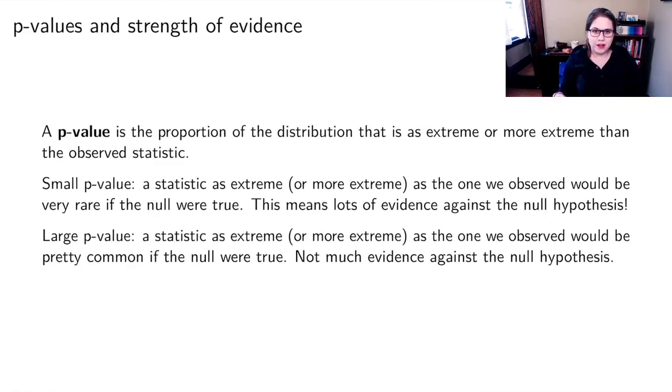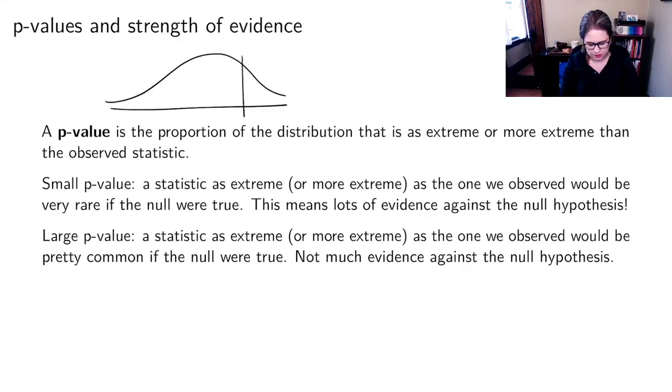So the p-value, remember, is the proportion of the distribution that is as extreme or more extreme than the observed statistic. So if I have a distribution that looks like this, and I have an observed statistic here, then the p-value is the proportion of the distribution that is as extreme or more extreme. And this looks like maybe about 0.25, just visually.